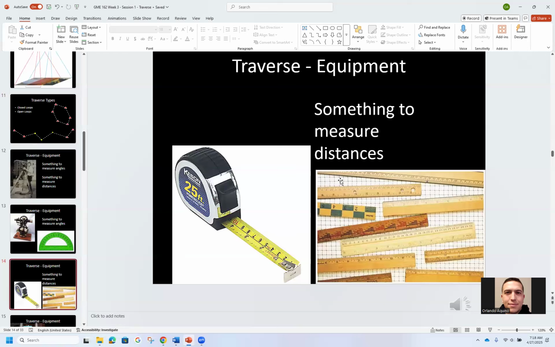Previously, before any electric measurements came out, there were chains and steel tapes. Those were the methods that they would use for measuring distances. The chain, remember, is one chain equals 66 feet.